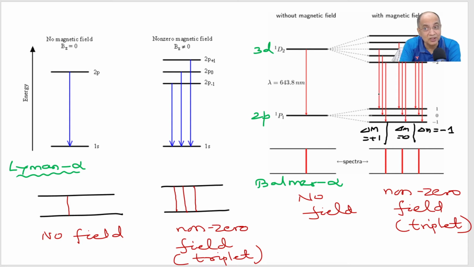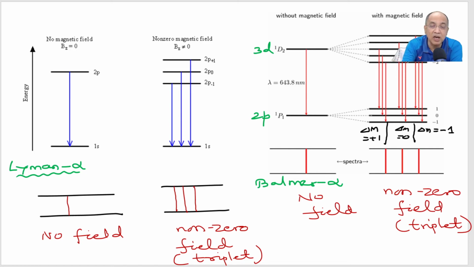There are 9 transitions. Out of 15 possible transitions, because 5 into 3 is 15, the other transitions have been discarded due to the selection rule. I'll tell you what the selection rule is. Many transitions are disallowed, forbidden, so they have not been taken.